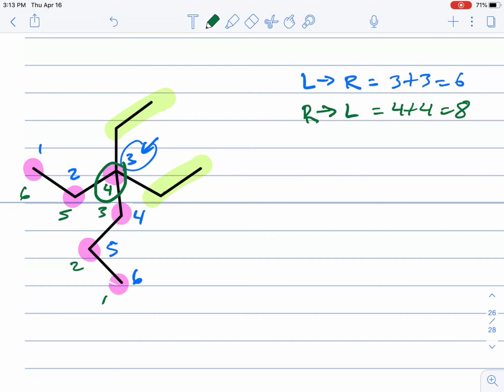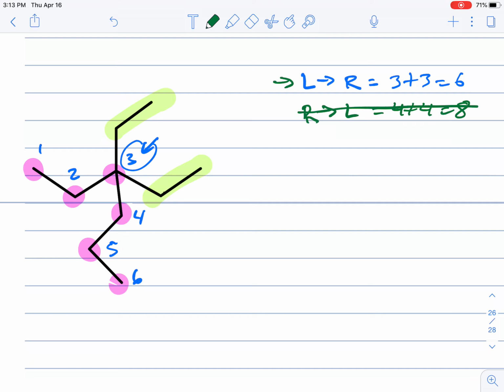That's going to give me 8. And so it looks like the green lost again. The green is always losing in these examples. I have no idea why. And so that's going to give me a higher number. So I definitely want to choose the numbering system that's going to give me a lower value.